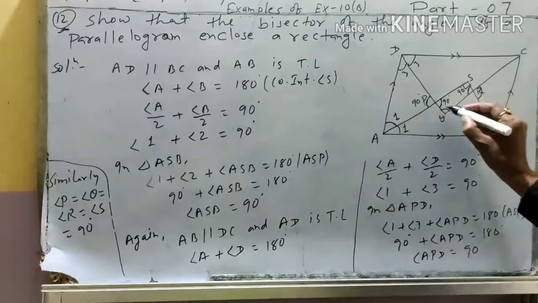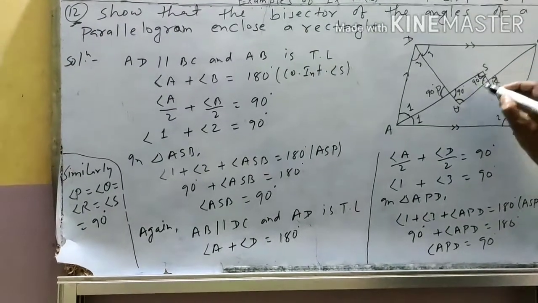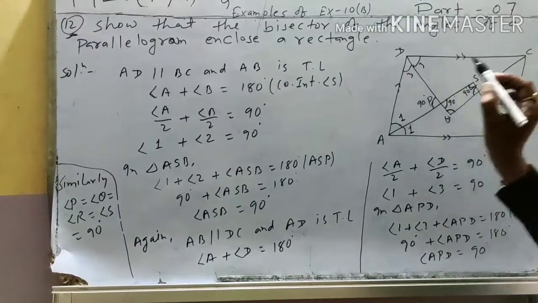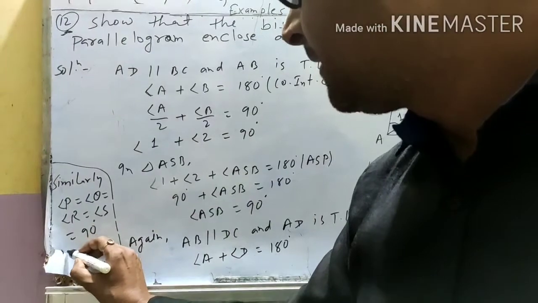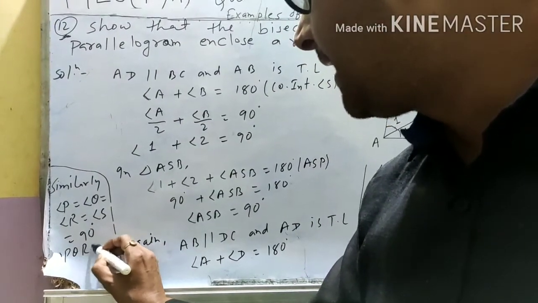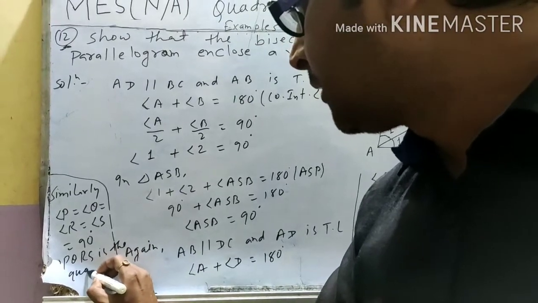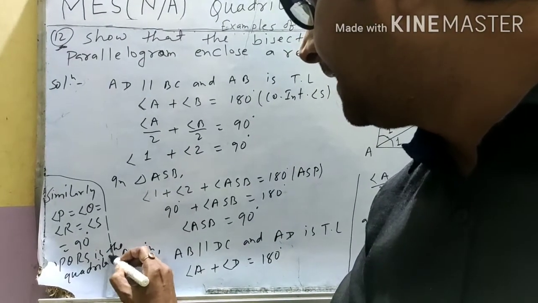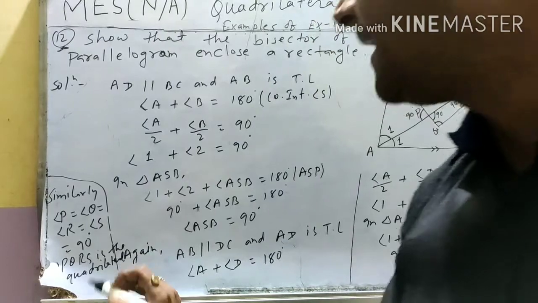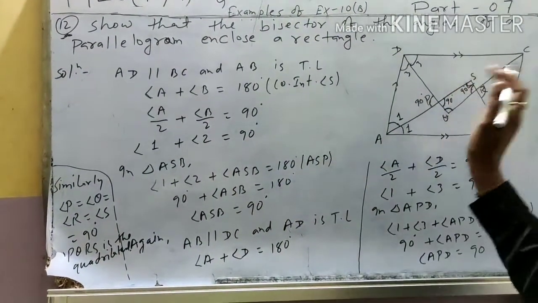That means each angle is 90 degrees, and PQRS is a quadrilateral. PQRS is a quadrilateral and each angle is 90 degrees.